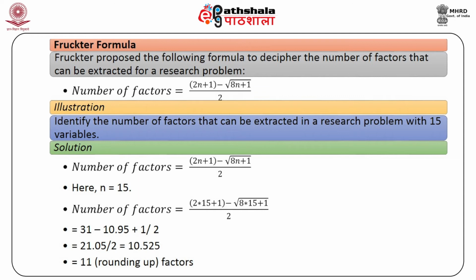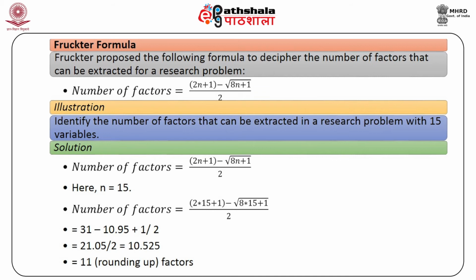Let us have an illustration of this formula also, and let us take a problem. Suppose we have to identify the number of factors that can be extracted in a research problem which has 15 variables. The solution, of course, upon application of the formula is number of factors equal to 2n plus 1 minus square root of 8n plus 1, divided by 2.